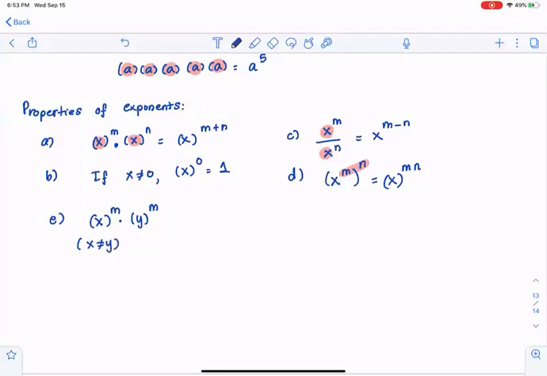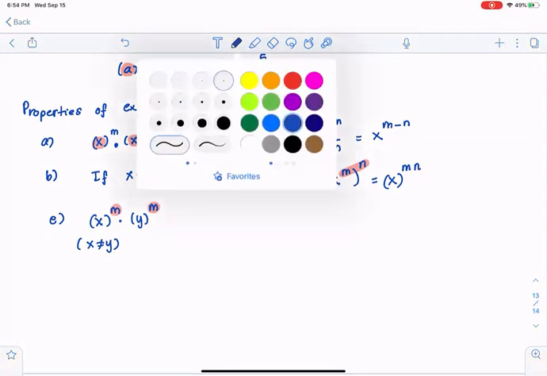So this part is different from part A, or property A. But if you look at it, they have the same power, unlike the first property, where one was m, the other was n.